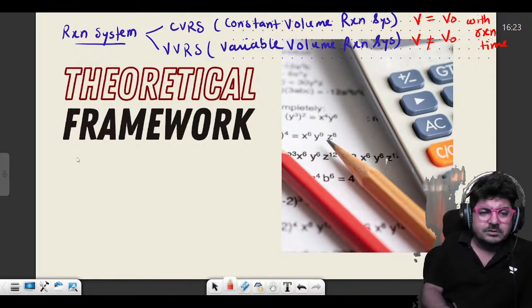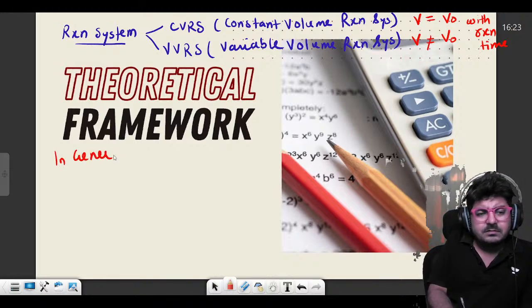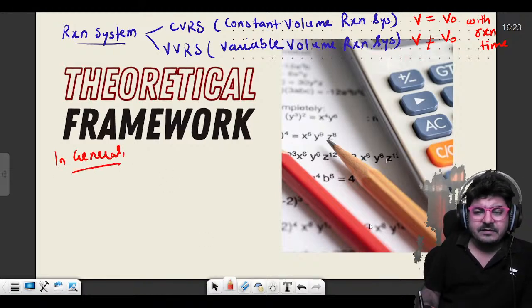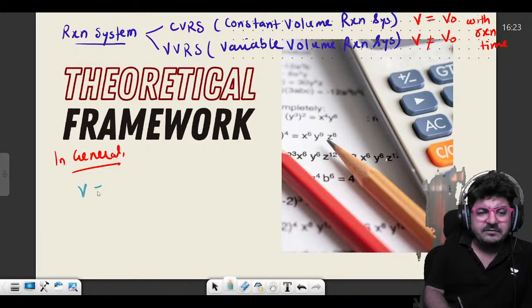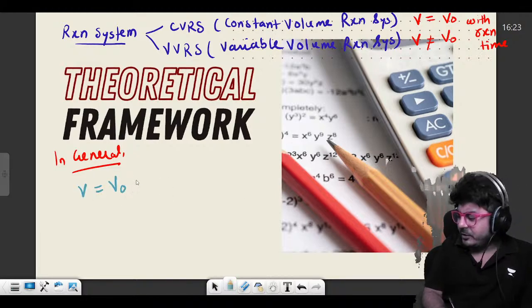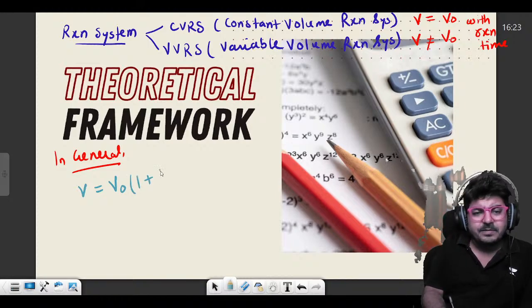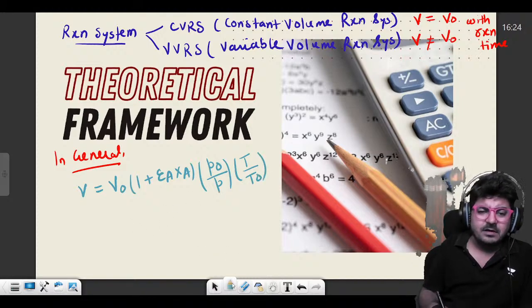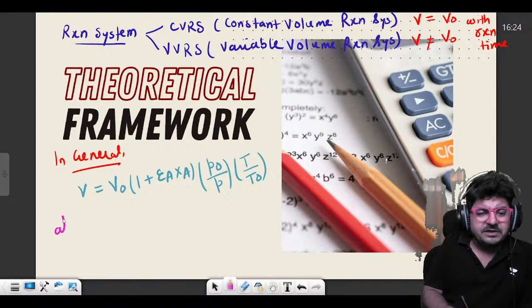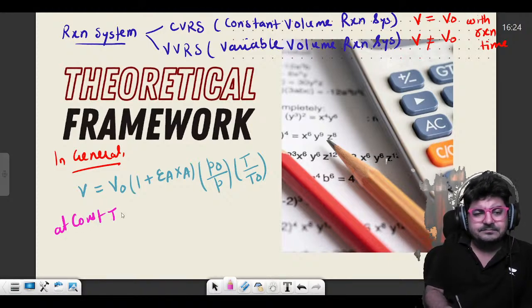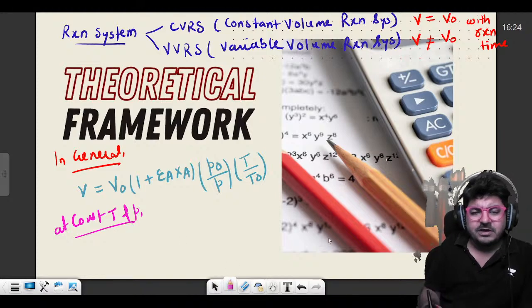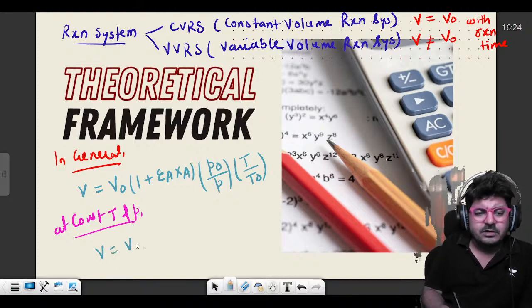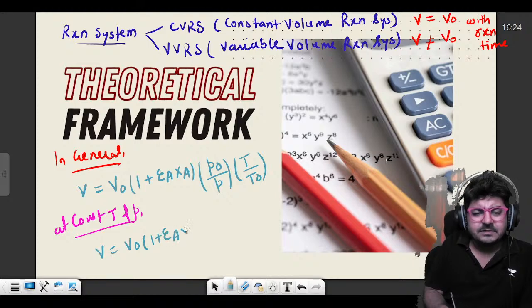Okay, so in general, we can write the volume of reaction mixture at any time t, V, as V naught, the initial volume of reaction mixture, times 1 plus epsilon A XA times P naught over P, T over T naught. Okay, in general, where at constant temperature and pressure, you know that the equation will be reduced to V is equal to V naught times 1 plus epsilon A XA.